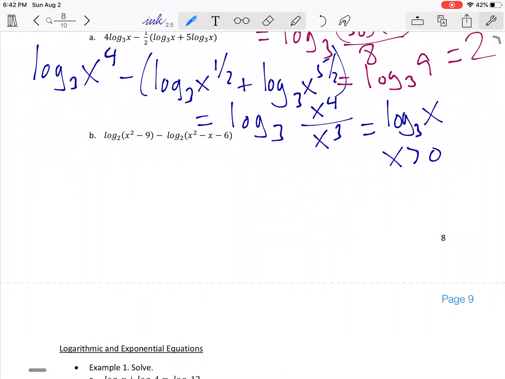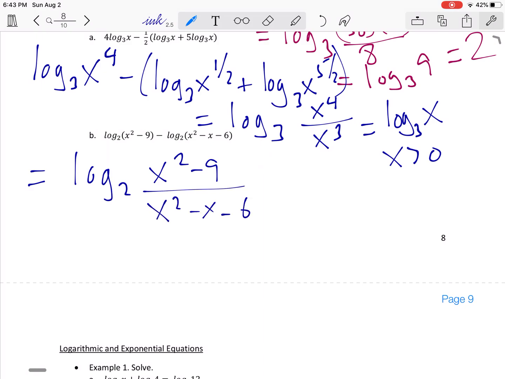Okay, and the last one here. So this is kind of bringing back some of our factoring. So let's combine this first. So you've got x squared minus 9 over x squared minus x minus 6. If you look at the top there, that's the difference of squares. So it's x minus 3, x plus 3.